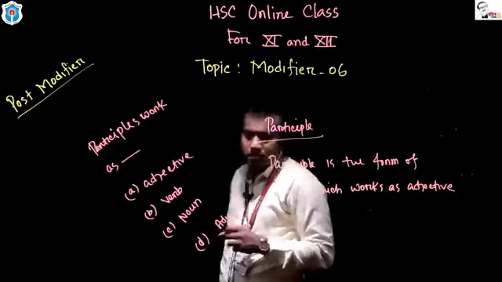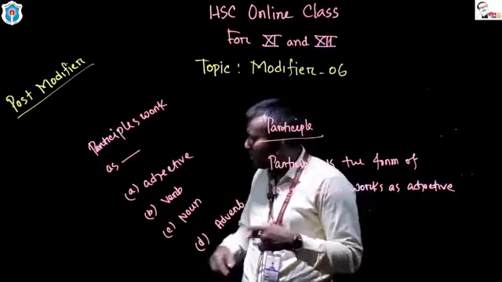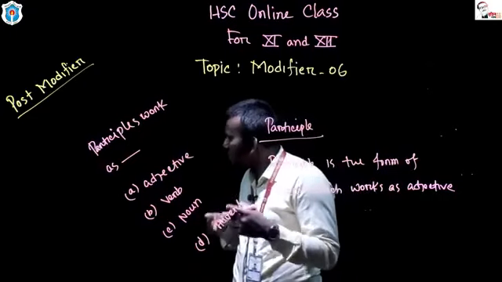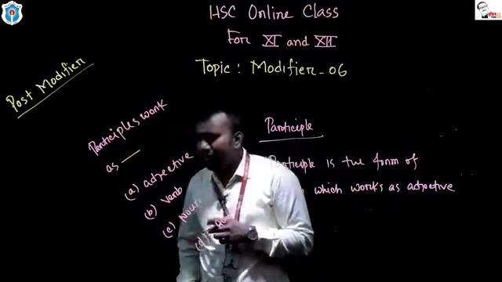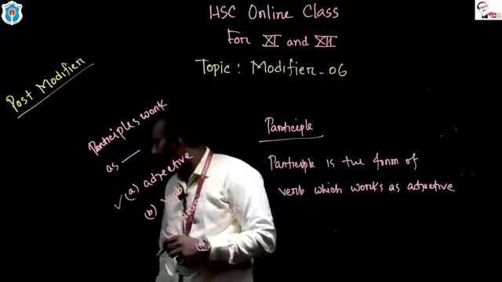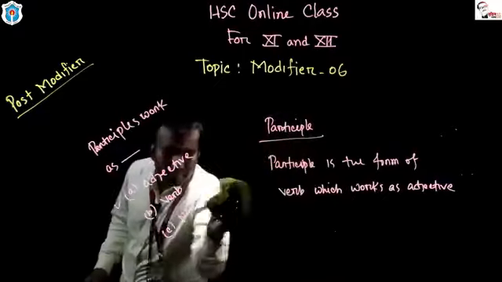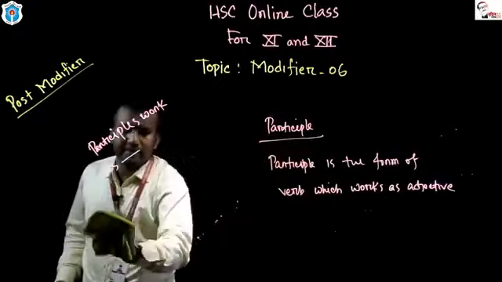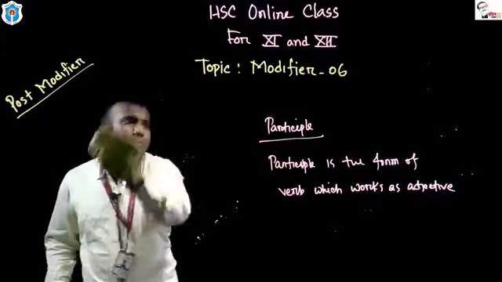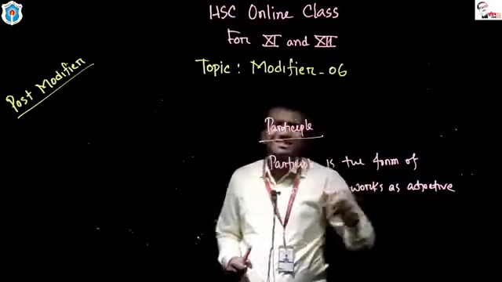Look at my dear students. A participle is the form of verb which works as adjective. So participles normally work as adjective. Clear? Participle work as dash. It should be adjective. It was given. So participle is the form of verb which works as adjective.